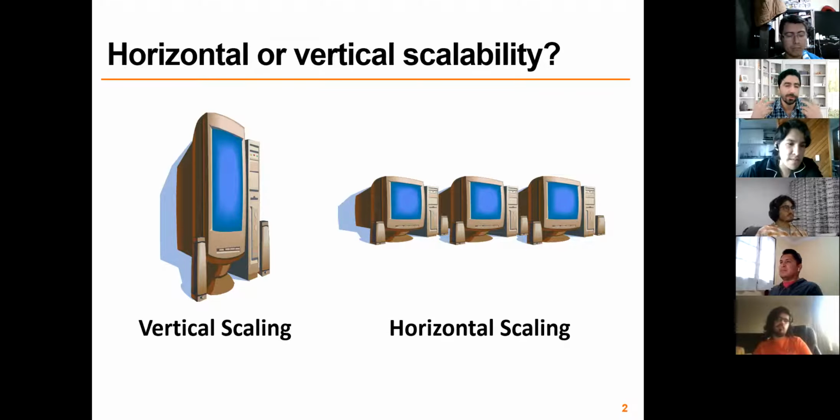So you start putting in more RAM, a stronger CPU, more hard disk in order to scale the resources of the server that you have. But horizontal scaling is adding more nodes to the network that you have, or replicating data and adding more nodes into the system.